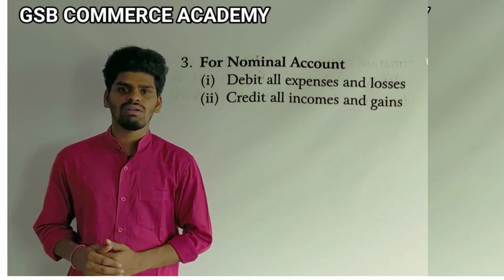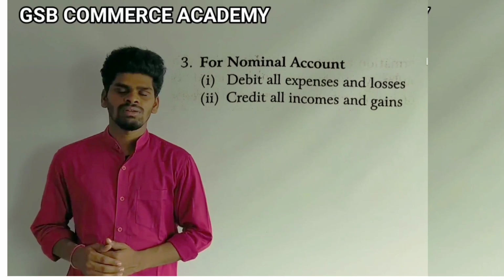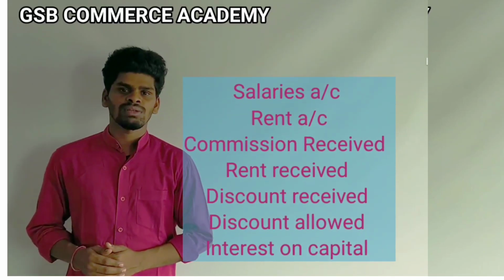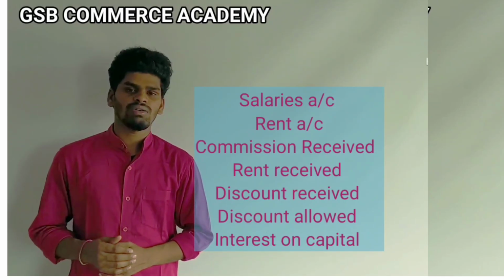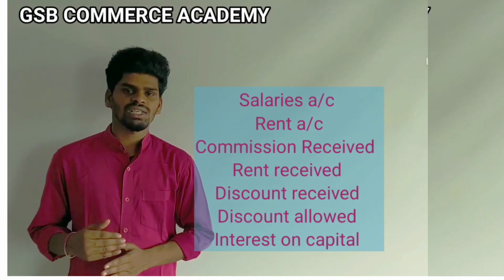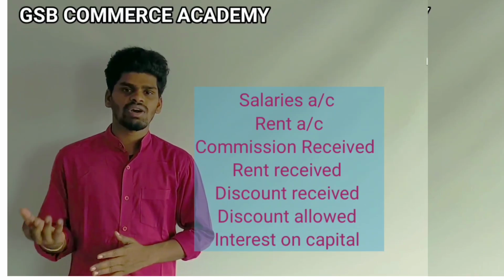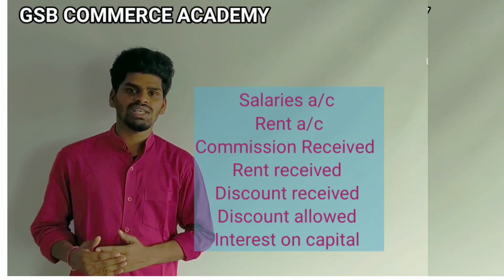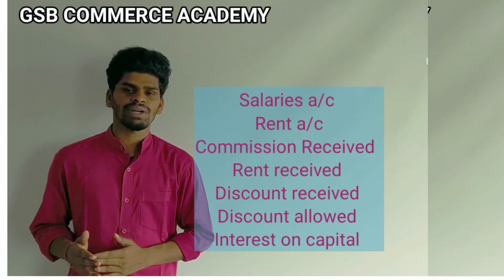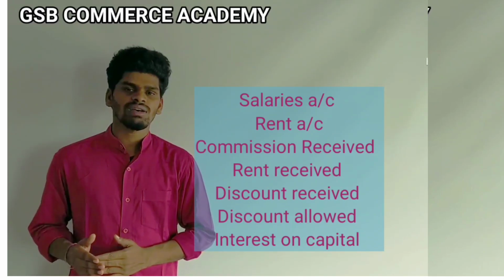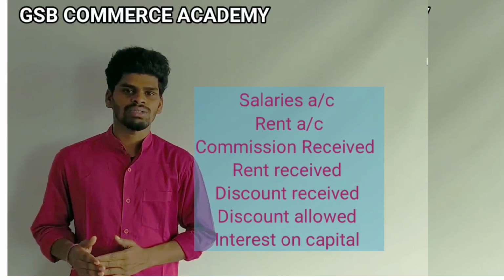Credit records all incomes, gains and profits of the business. For example, salary account, rent account, commission received, rent received, discount allowed, discount received, interest on investments, interest on capital. These are all examples of nominal accounts.